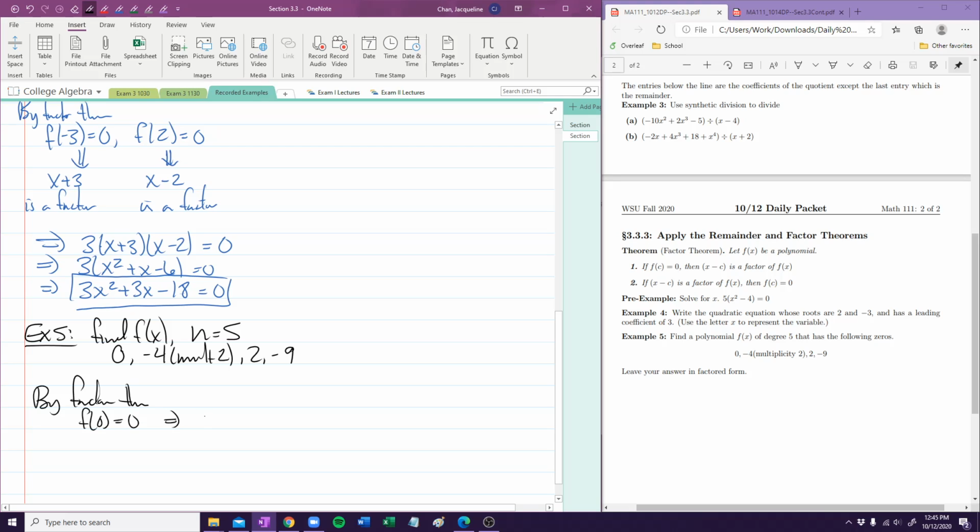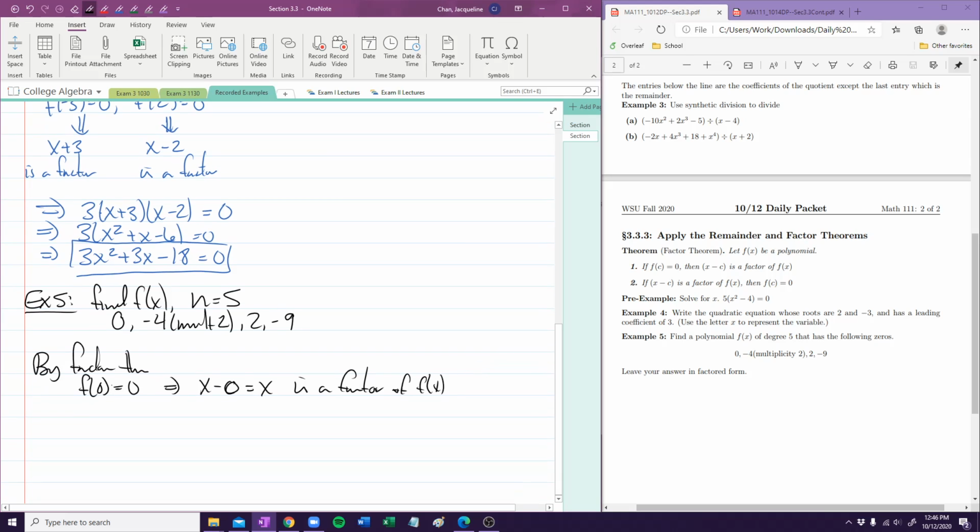Then this implies x minus 0, which is equal to x, is a factor of f of x.